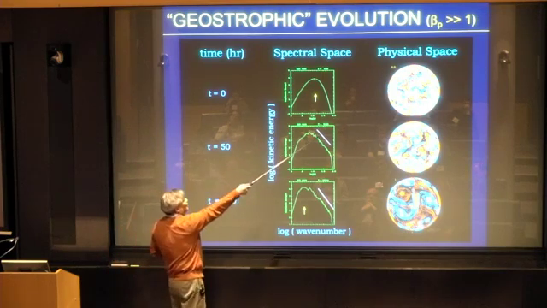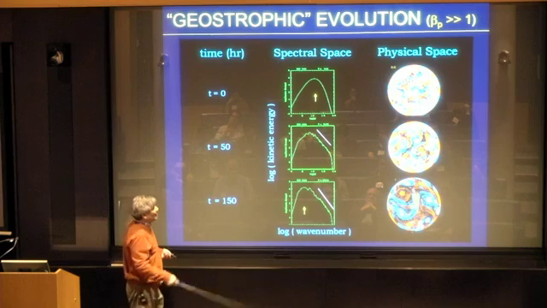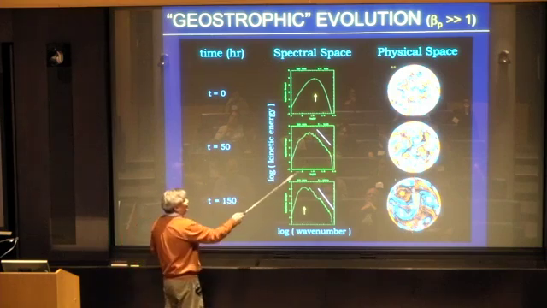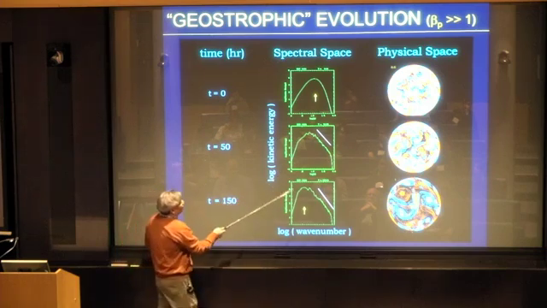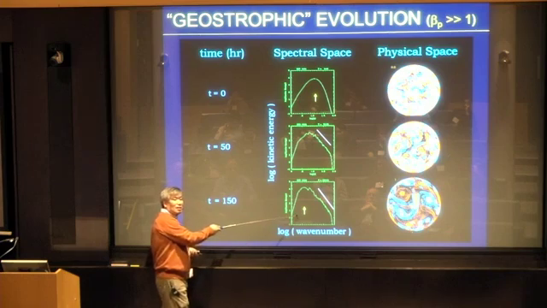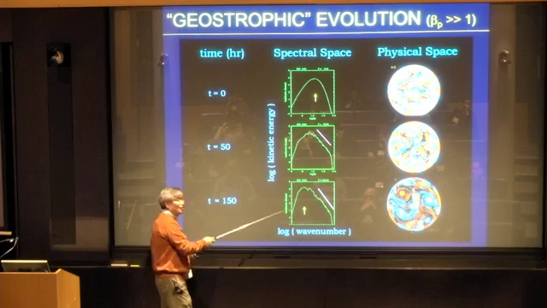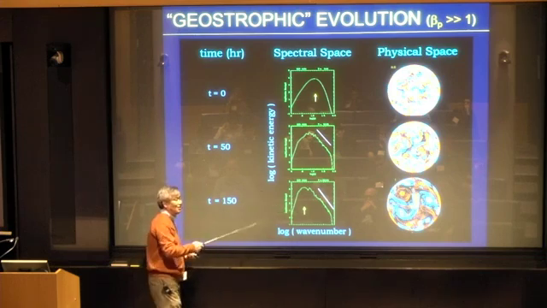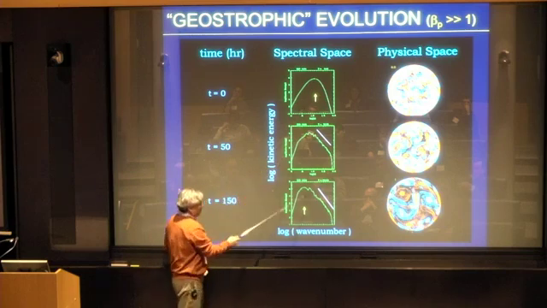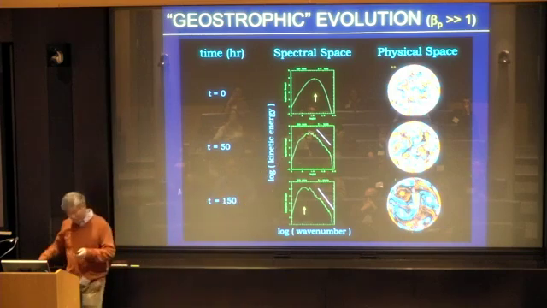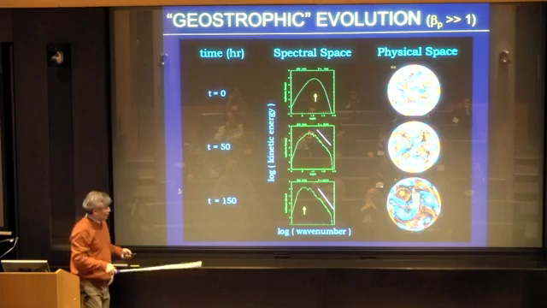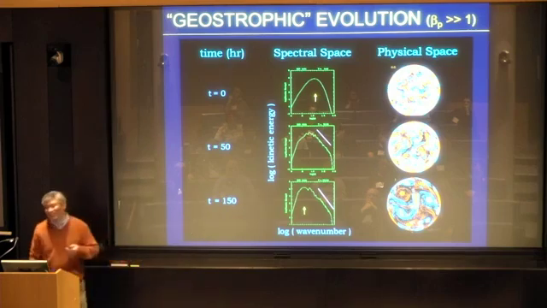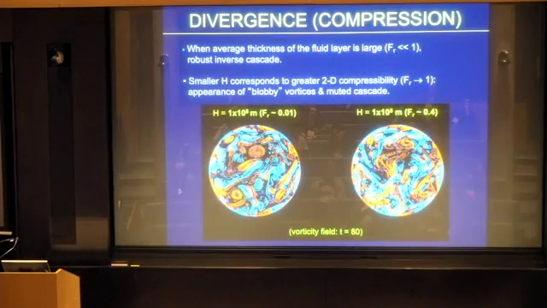You start with a random small-scale stirring, and you let it freely evolve, and you clearly see an idiosyncratic property of two-dimensional turbulent flow, which is that the energy cascades backward, upscale, to larger and larger scales. And you can see that from the centroid moving to smaller wave numbers. Never mind about the slopes. We won't talk about the slopes. That's a whole other talk.